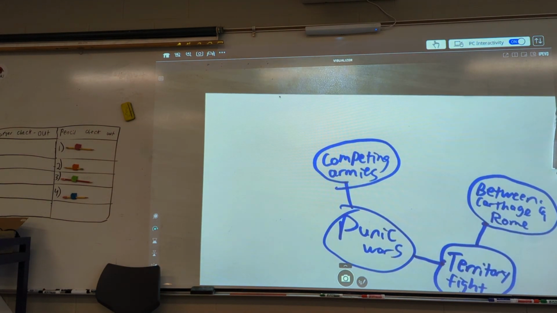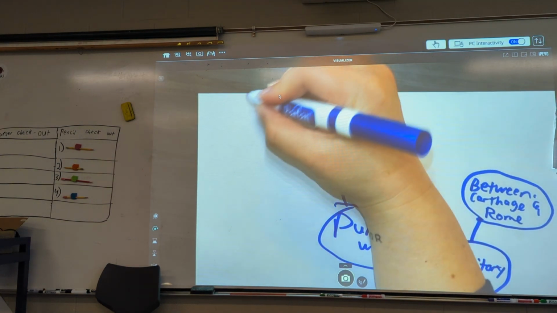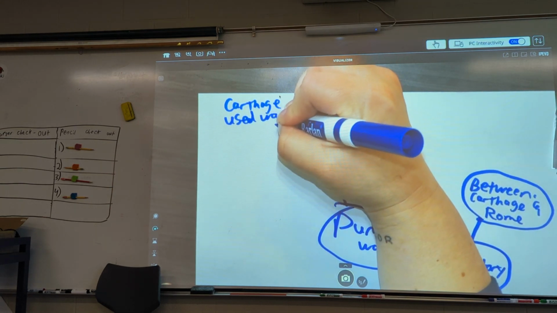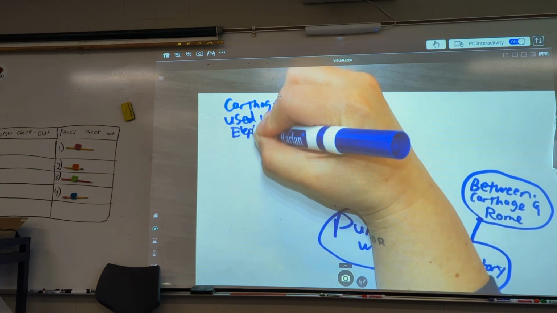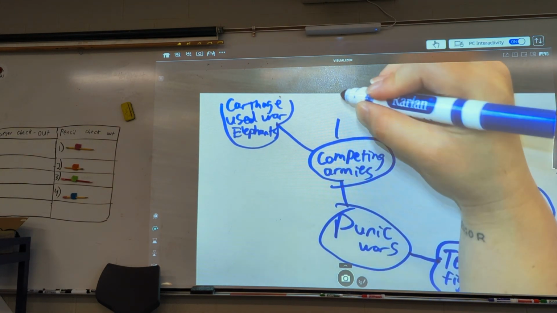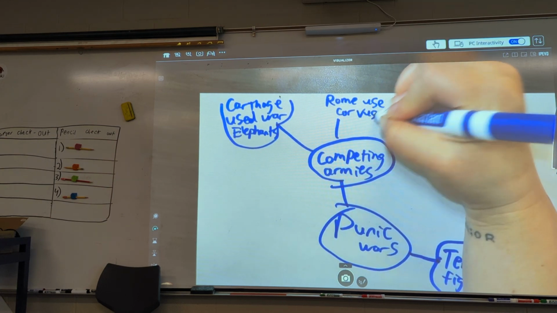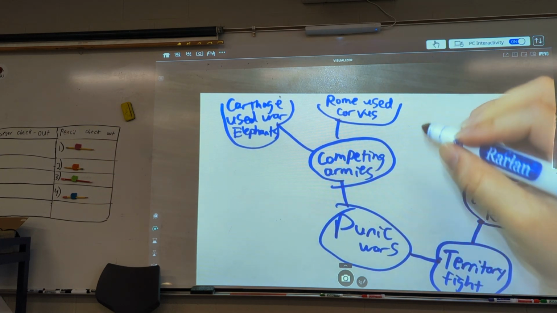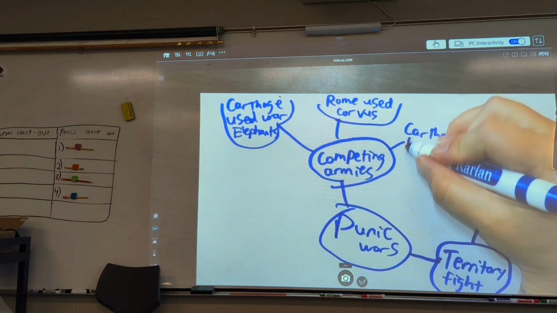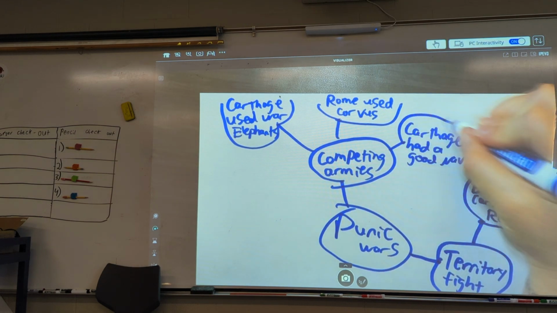Then when we come over here and take a look at competing armies, some things I may mention were: Carthage used war elephants, Rome used the corvus, and Carthage had a good navy.